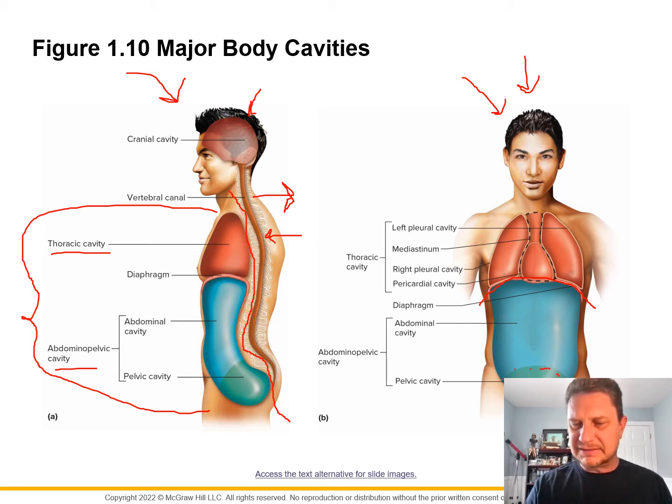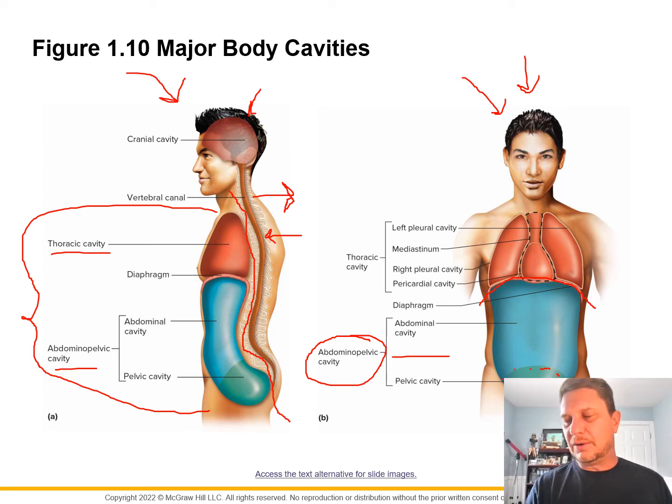We'll look at this in the skeletal system, the dividing line between the abdominal cavity and pelvic cavity. What I want to concentrate on is using this cavity as one cavity. The organs of this cavity will be looked at as a group. And so we're really going to start looking at how our organs are organized in these three cavities.